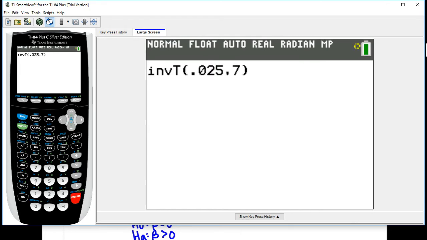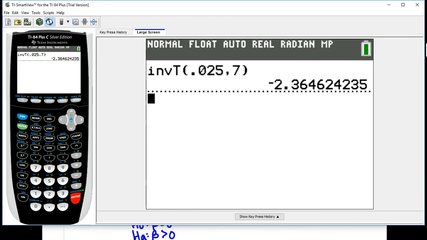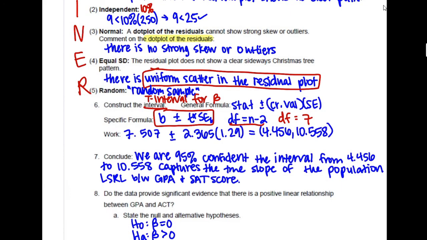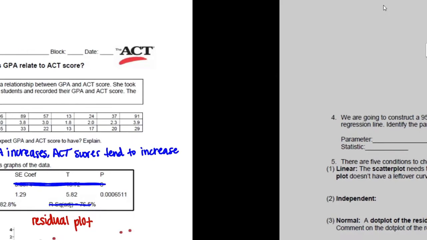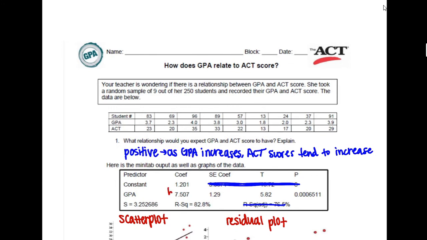And then my T star was 2.365, always positive there. And then your SEB is your standard error right from the table, 1.29. It was right here. And so we have our B and our SEB. And so the only thing for an interval that's different is that we have to multiply the SE by a T star.